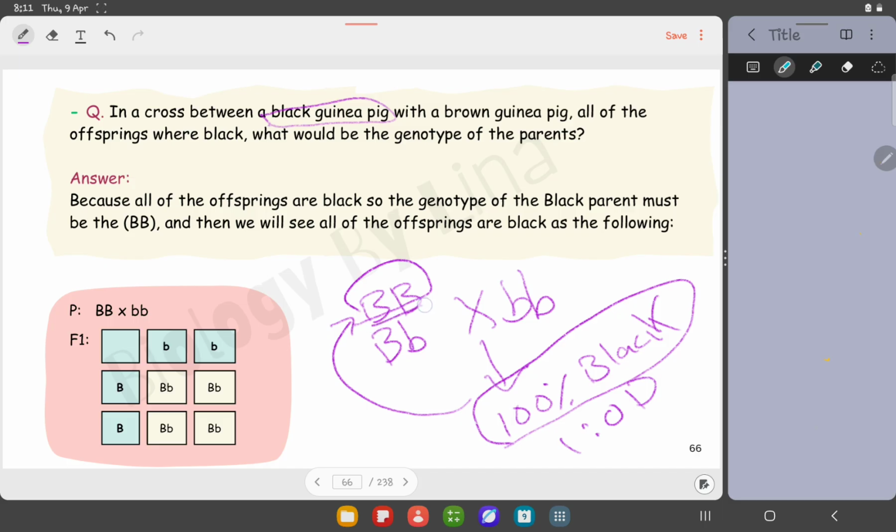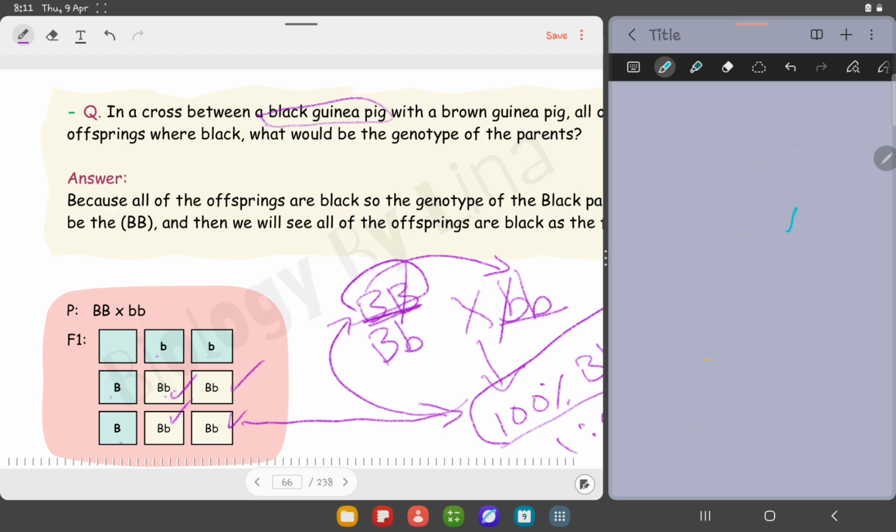Why? If you cross this B capital B capital with B small, at that time all of the offspring will be B capital B small. It means all of them will be black.